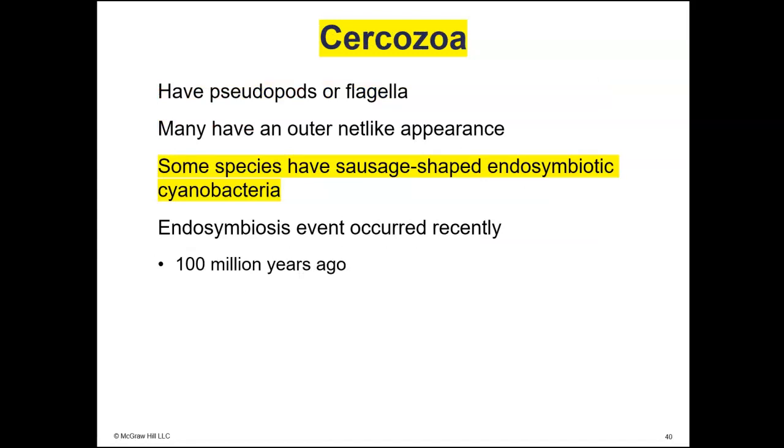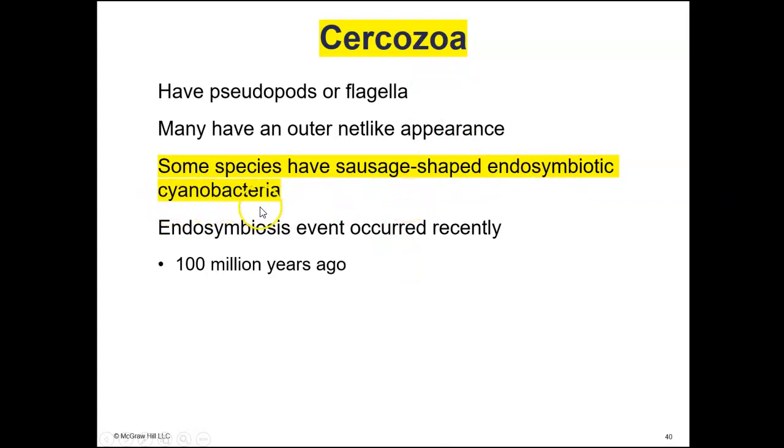The cercozoans are really just discussed as the fact that they can live in an endosymbiotic relationship with cyanobacteria. In fact, it's the cyanobacteria that live endosymbiotically with the cercozoa. They live inside of them.